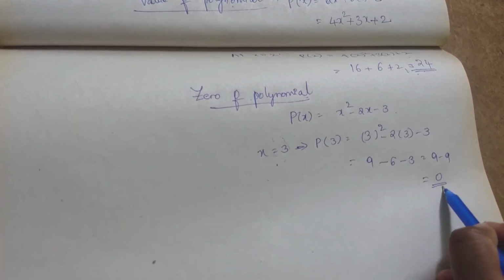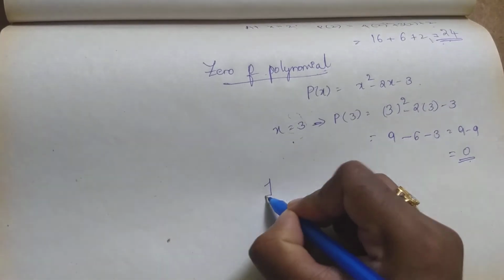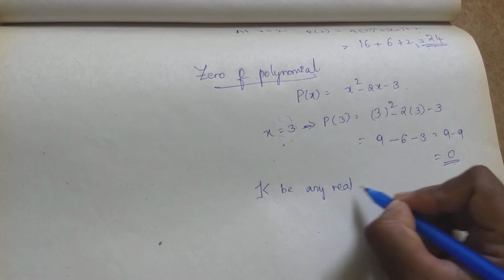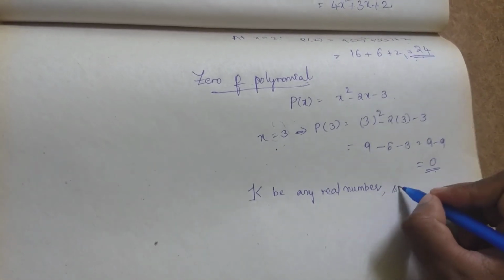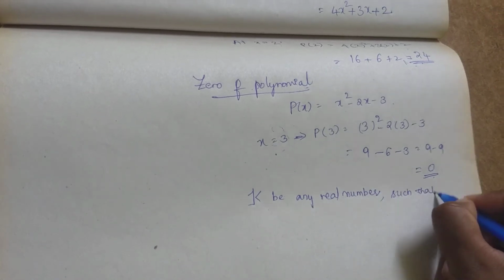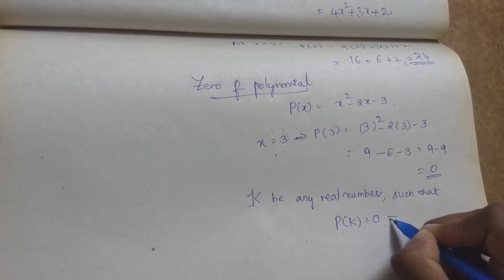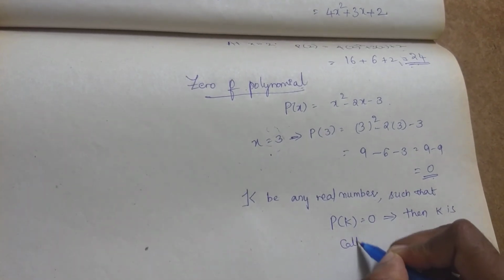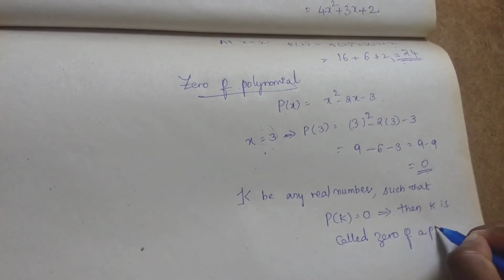In general, let k be any real number such that p of k equals 0, then k is called a zero of a polynomial.